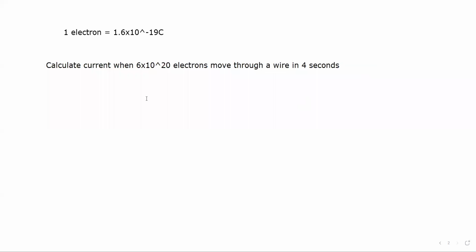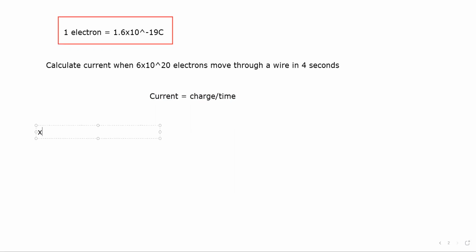To calculate the current, we have the formula: current is equal to charge divided by time. This is the number of electrons, but this is not the charge. The charge on one electron is 1.6 times 10 to the power minus 19. So first we have to know the total charge.